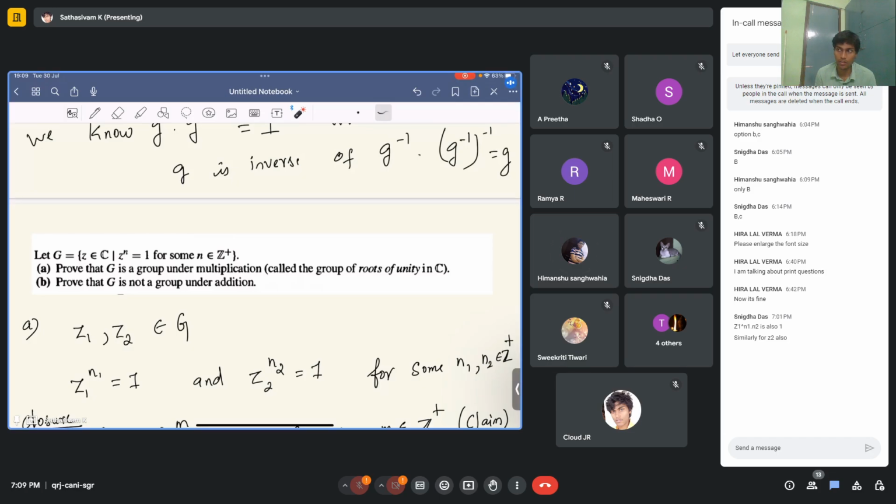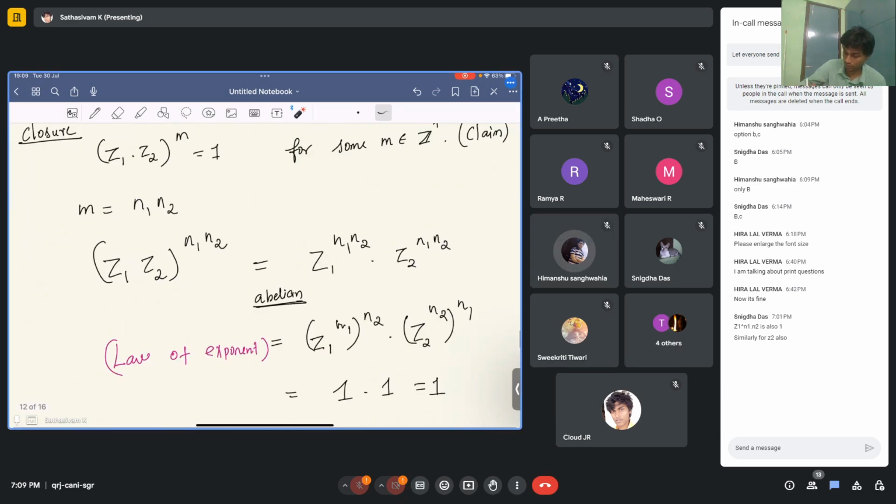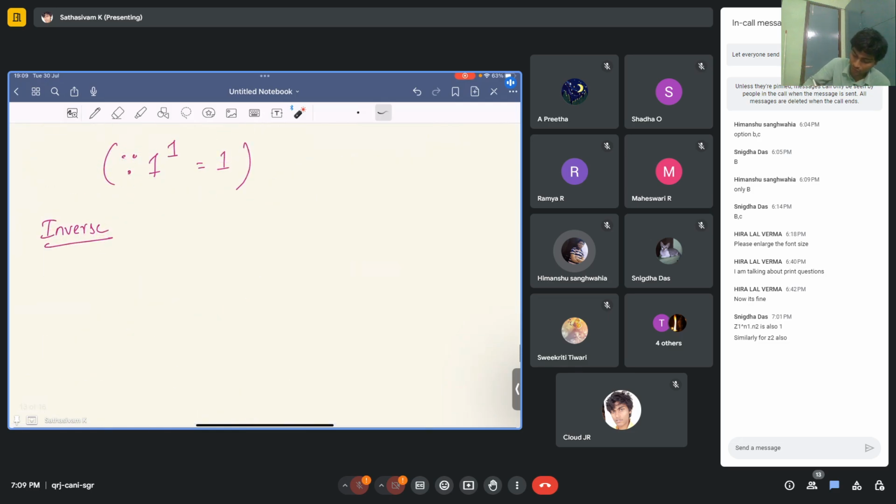Yes, you are right. So the inverse of Z, which belongs to G, is basically Z power n minus 1. Why? Because Z power n is equal to 1 for some n.